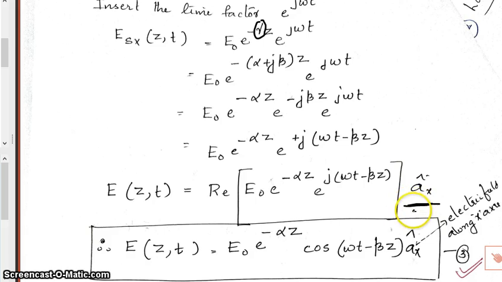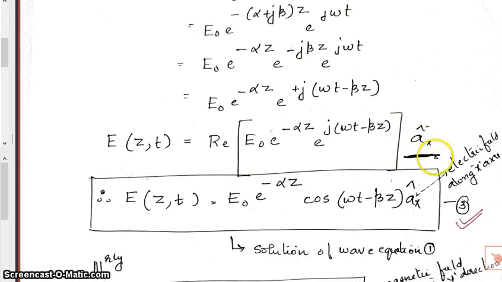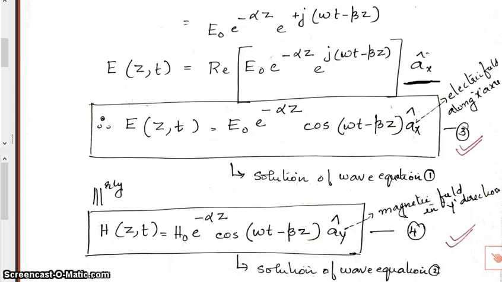The unit vector is along ax because the electric field is pointing towards the x-axis, which can be written in another form as E(z,t) = E0 e^(-αz) cos(ωt-βz) ax, which is a solution of your wave equation.